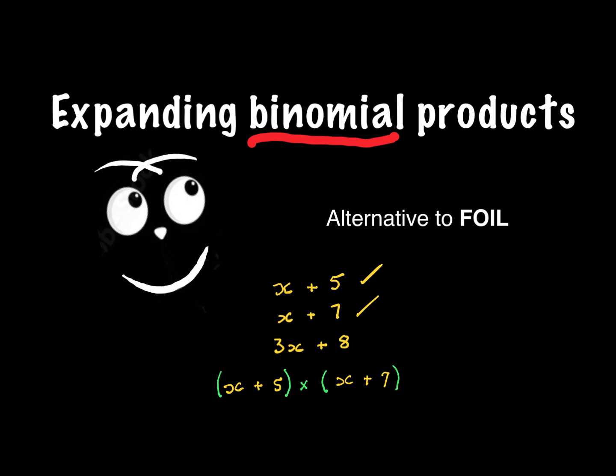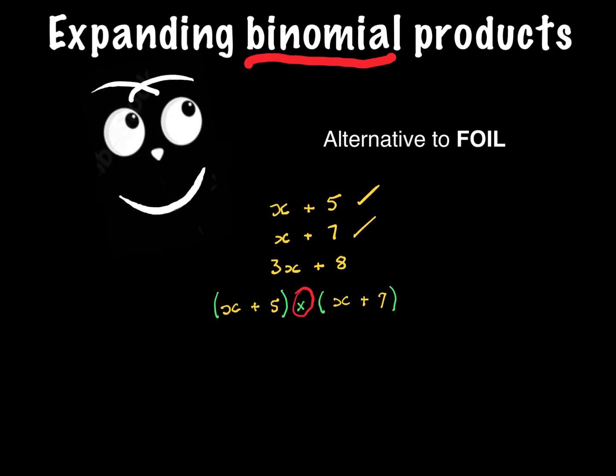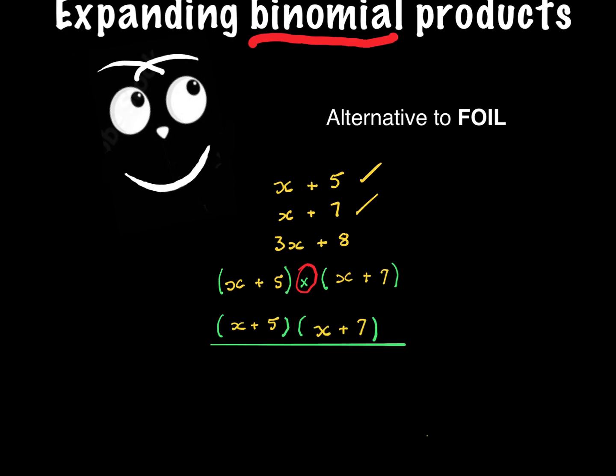Now this is a binomial product, two expressions which are multiplied together. The thing I want to explain here is that we do not need to put the multiplication sign in. It's not required. So we will rewrite this again. And so we have an expression which is a binomial product.